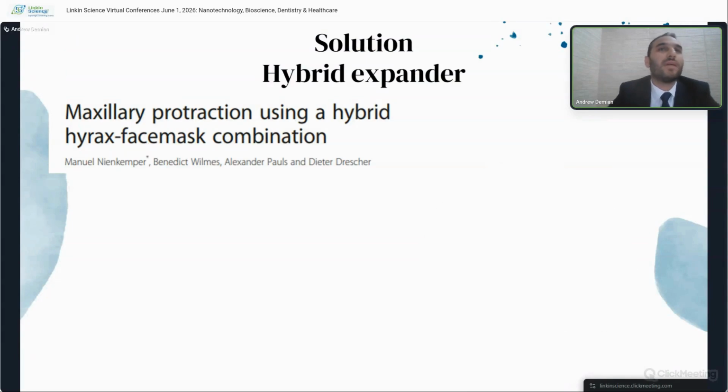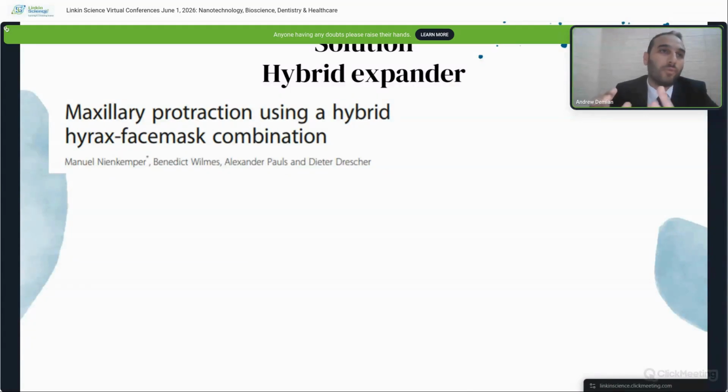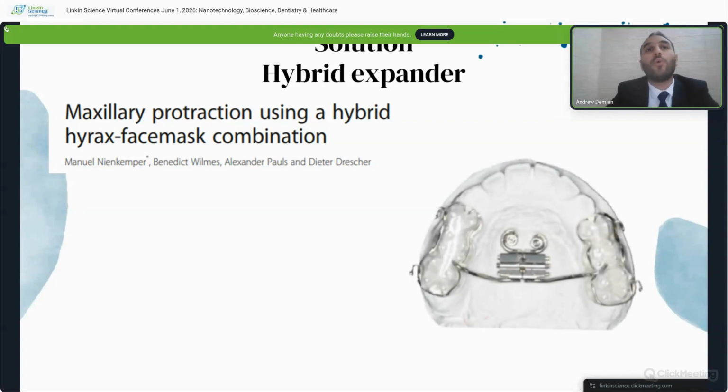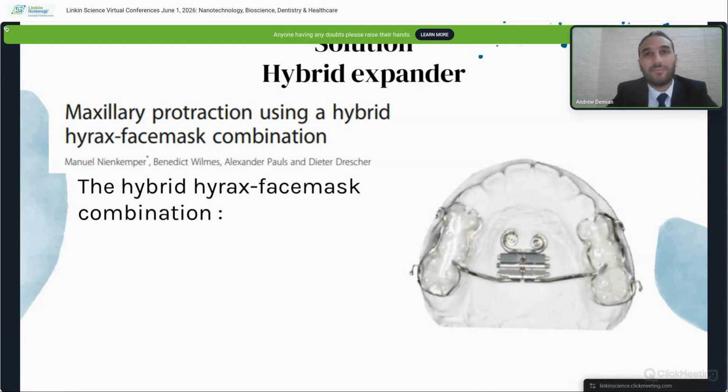So the solution that we have tried is to decrease the resistance from the maxilla so we can push it forward. The first solution was to use an expander with the protraction. This usually was very efficient, because an expander that expands the maxilla along its sutures frees the maxilla slightly from these sutures and makes it easier, when we apply a protraction force, to have a pure protraction movement of the maxilla rather than what we discussed with the conventional therapy.